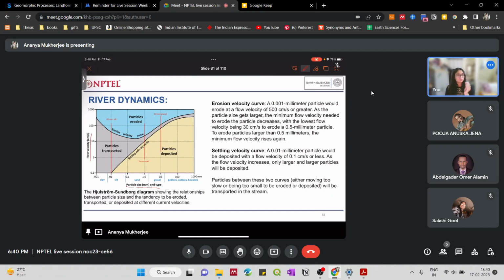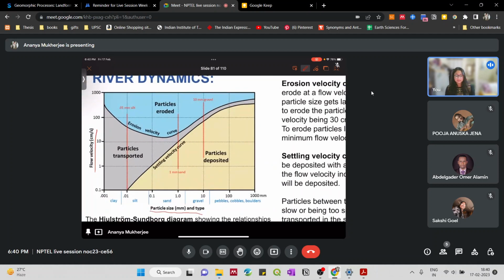According to the diagram over here, you can see that the finer ones are transported even at higher flow velocity and at lower flow velocity also. These are always mostly getting transported. The larger particles are eroded at very high velocities, you can see over here.